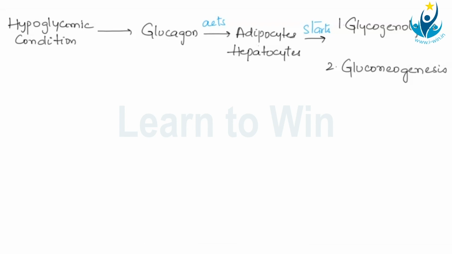As the name itself says, it is a process where glycogen is converted into glucose. Gluconeogenesis is a process where amino acids or proteins and some basic fats are used to produce glucose. So in both processes there is formation of glucose.